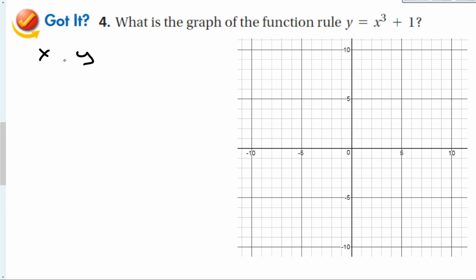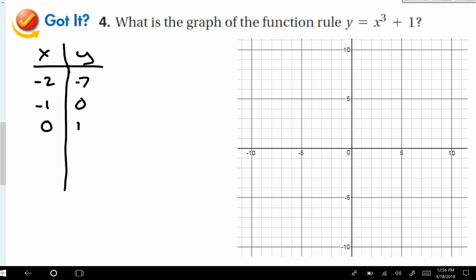So I'm just going to make a 2-column table here, x and y. All right. So let's plug in -2. -2 times -2 times -2 is -8 plus 1 is -7. -1 times -1 times -1 is -1 plus 1 is 0. 0 times 0 times 0 is still 0 plus 1 is 1.